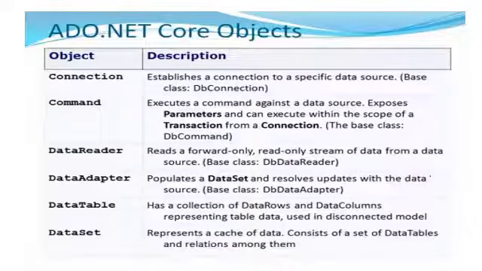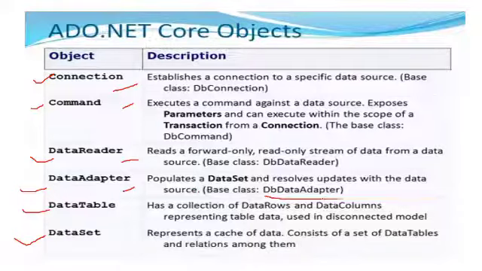Then ADO.NET core objects. There are many objects available: connection, command, data reader, data adapter, data table, and dataset. I already told you that we have to make a connection and fire the commands. The data reader displays data in a read-only, forward-only format. The adapter is responsible for populating the dataset and resolving updates with the data source.